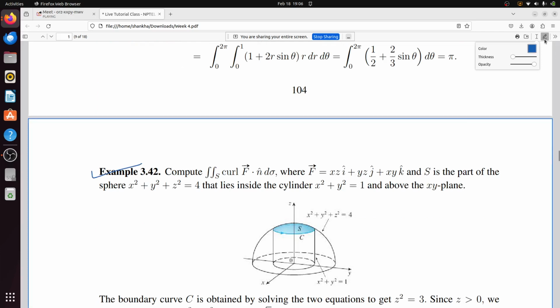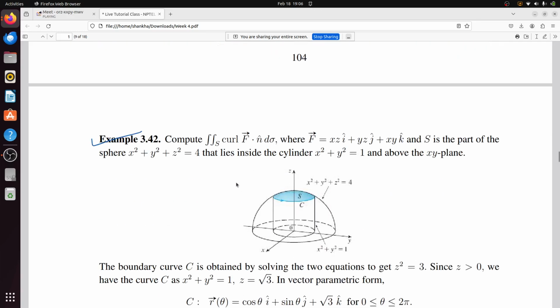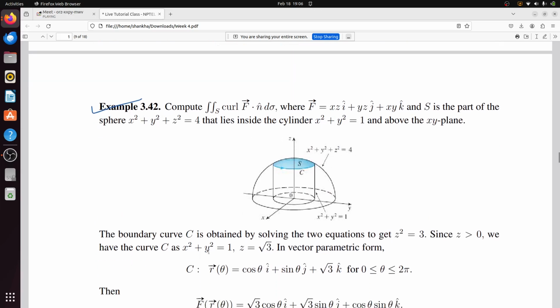Now this problem, you have to compute this surface integral of curl of f dot n d sigma. S is the part of the sphere this that lies inside the cylinder x square plus y square equal to 1 and above the xy plane. So you need to solve these two things. So first of all, x square plus y square equal to 1. For determining s, you solve z in terms of these two equations. You get z square equal to 3.